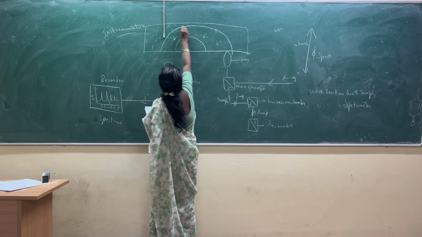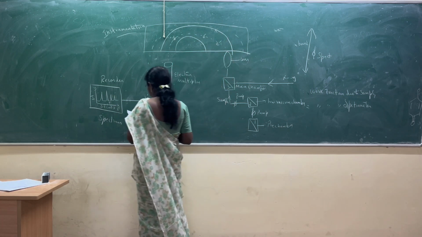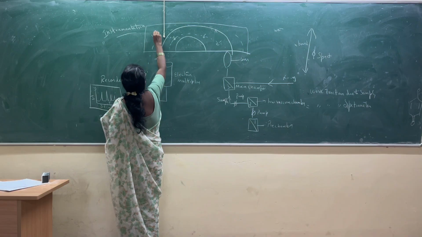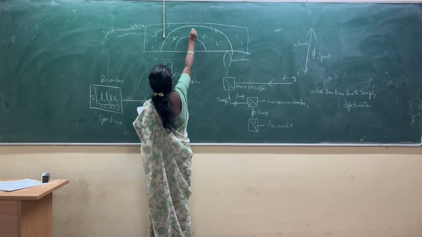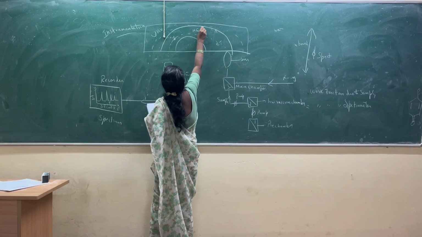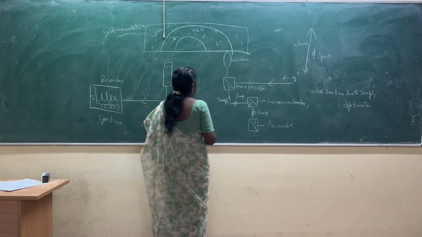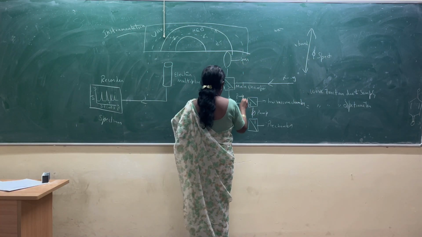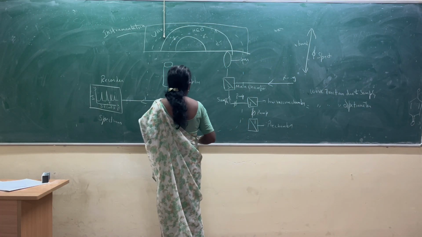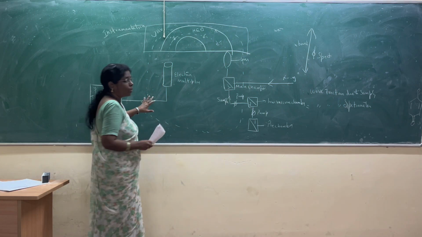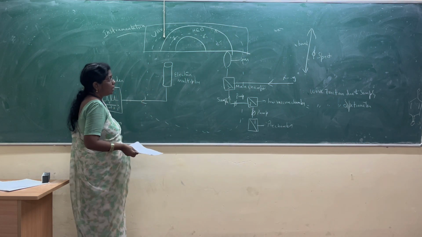The outermost is called UHV, and this is called HEA. So that is the instrumentation of XPS.